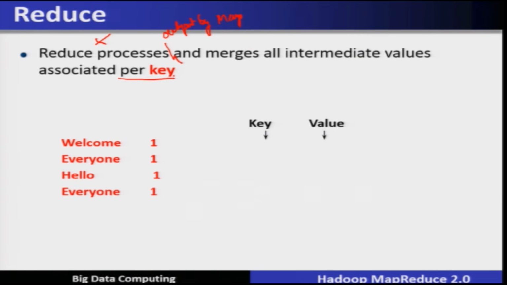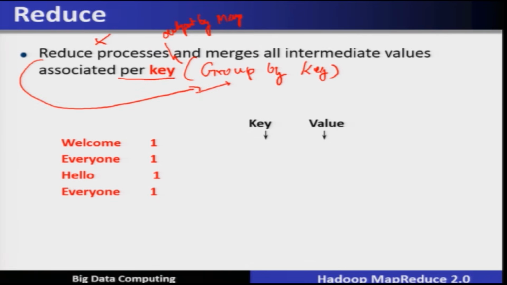That means, based on the similarity of the keys, they are all combined together; that is, a group by key operation is performed. And on this group by key operation, the computation comes from the reduce function. So, the computation on the group by key will be applied by the reduce function to get the entire output.